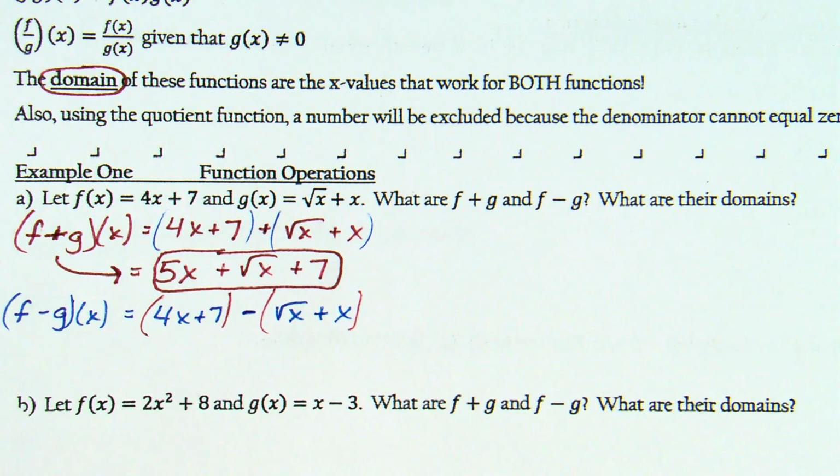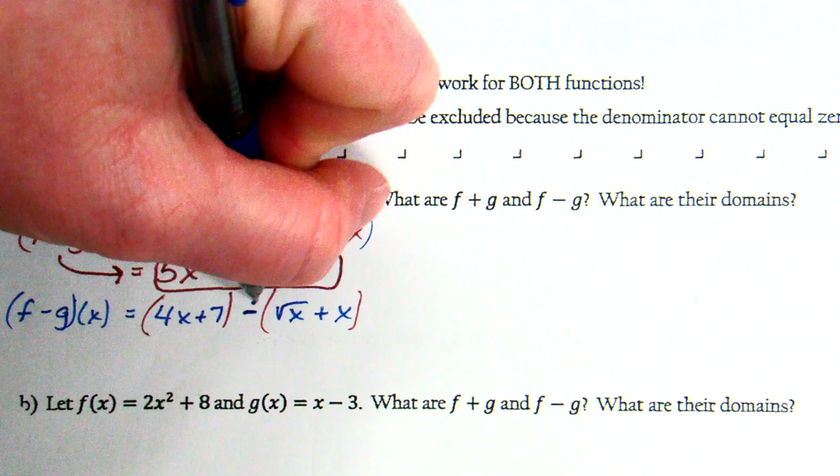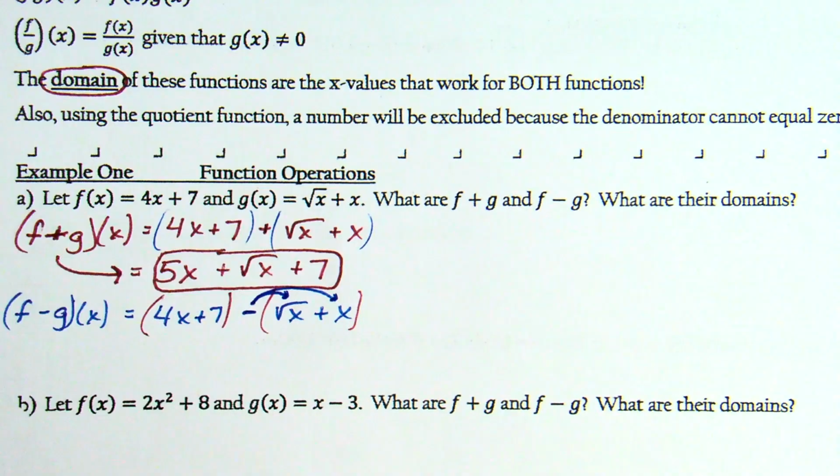It's almost like you're distributing, because you have to subtract the square root of x, and we have to subtract the x. So what does this clean up to be? 3x minus square root of x plus 7.